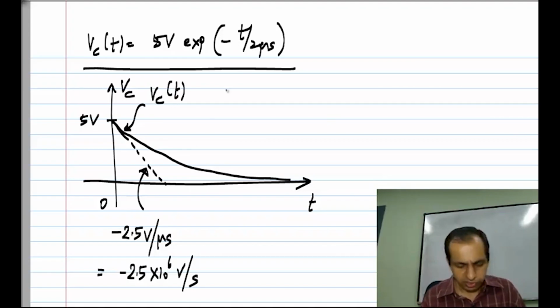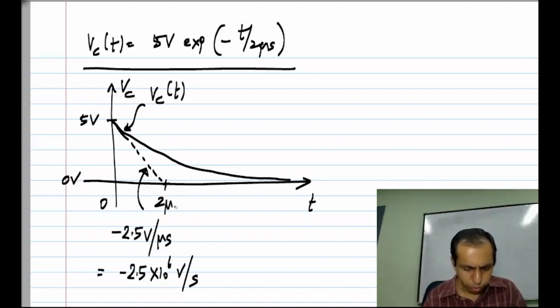So one point of interest is, if you draw a tangent at t equal to 0, where does it meet the x-axis? That is the 0 volt line. This is where the voltage is 0 volts. So this is a tangent, and we know that the slope is minus 2.5 volts per microsecond. So if you calculate this time, it will be 2 microseconds, and it's exactly the same as tau.